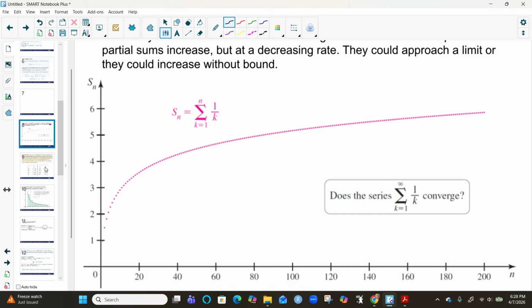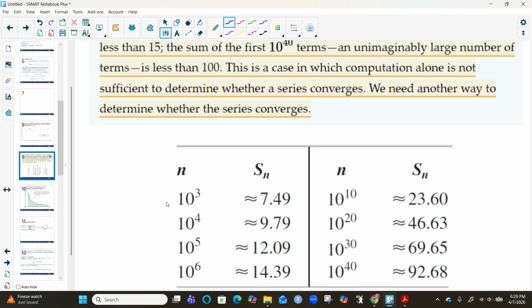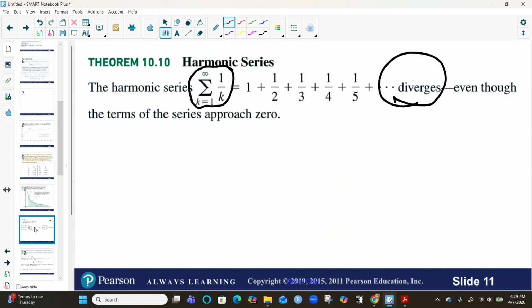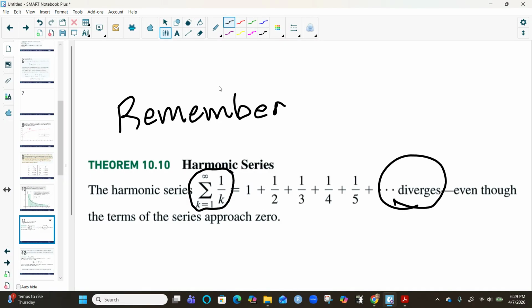You can also take a look at a numerical chart and look at the partial sums, and those numbers keep getting bigger and bigger. So there's a lot of theory involved in the harmonic series. I'm not expecting you to justify it. This is something that you can remember as a fact and use it when it's convenient. Okay?